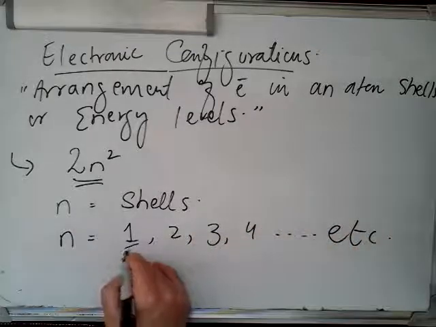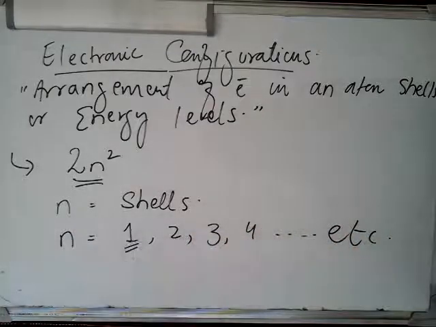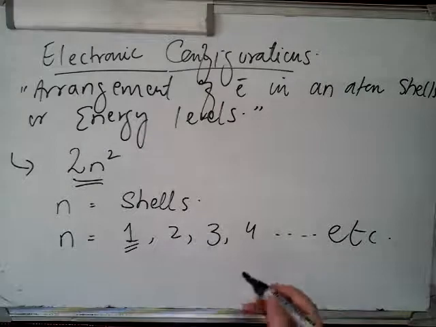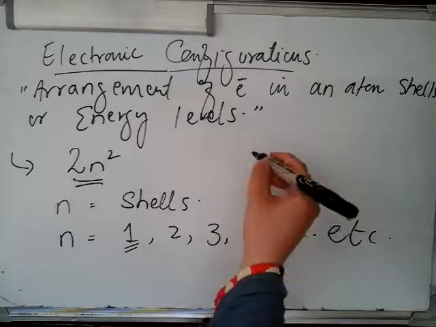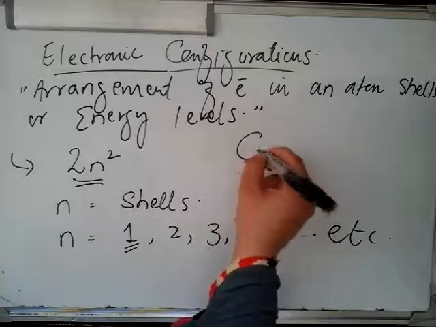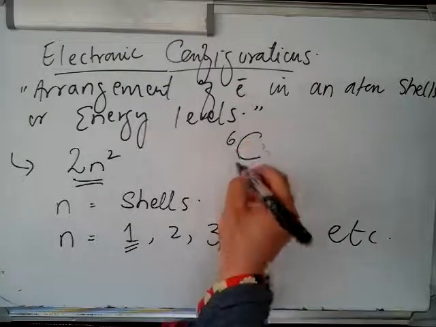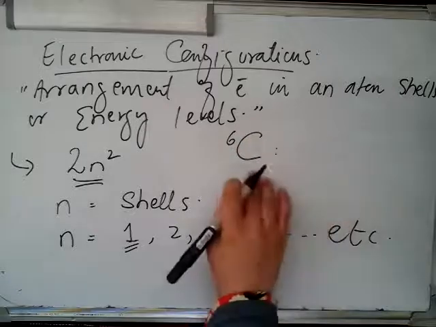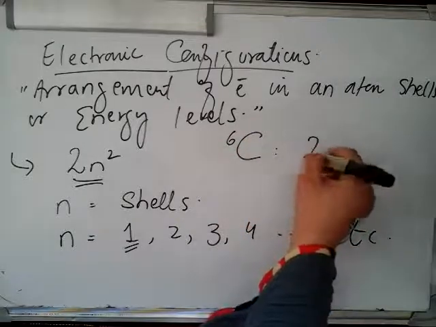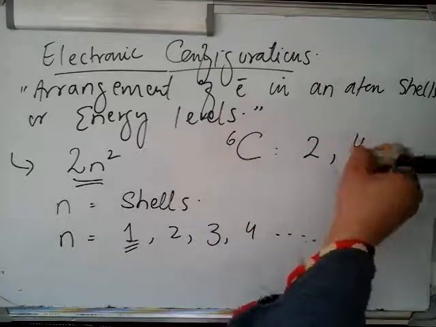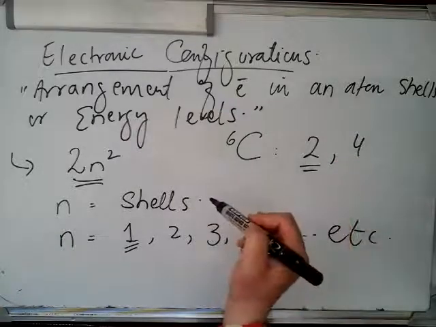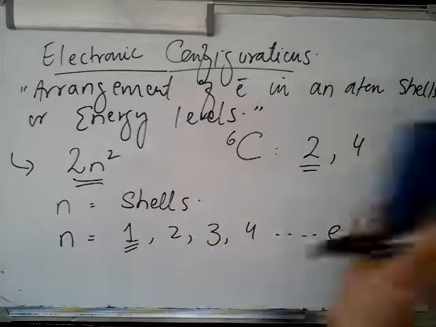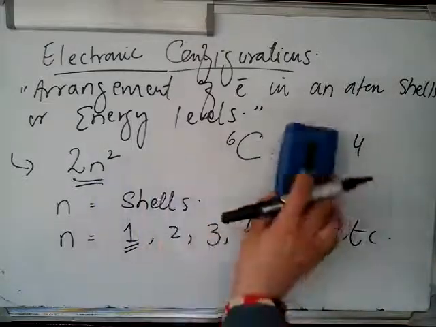It starts from 1, not 0. Keep in mind. Now let's suppose, for example, carbon 6. Here in the first shell it is 2 and in the last shell 4. So how do I know that in the first shell there are 2 electrons, or in the second shell 4? So we will take help from this mathematical rule.